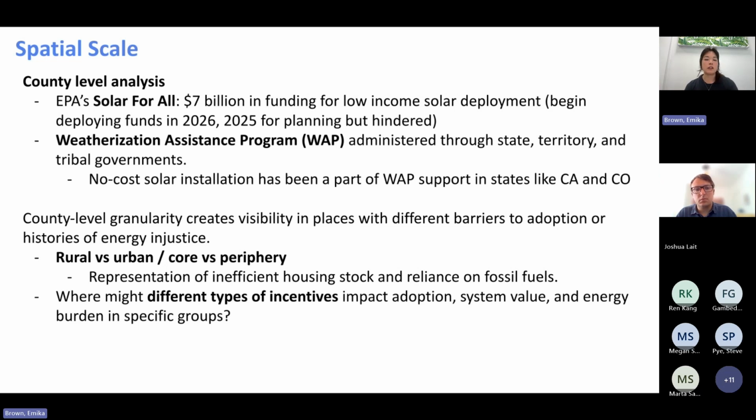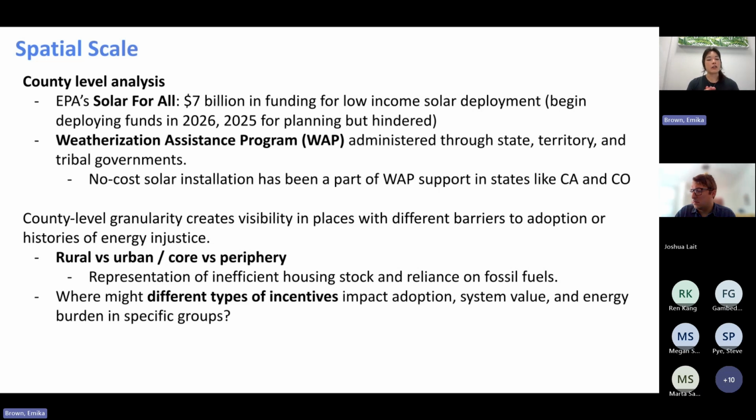And county level granularity also creates visibility in places that might have different barriers to adoption or histories of energy injustices. Like I mentioned before, I'm particularly interested in looking at rural versus urban, or what's also described as core versus periphery, which is a more nuanced understanding of rural versus urban energy vulnerability.